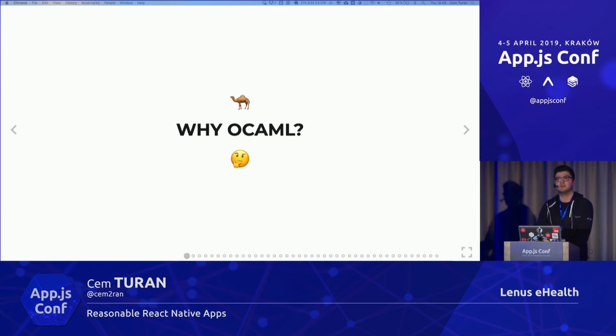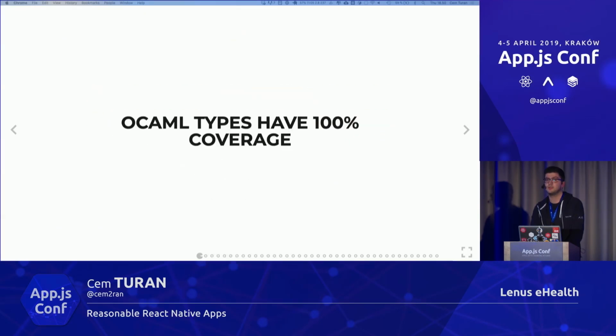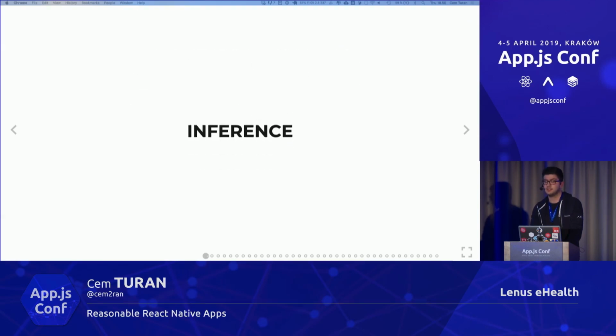And you might be asking yourself, why did they pick OCaml? It is a fairly old language. And one really good reason is that it has a rock-solid type system. So OCaml types at all times have 100% coverage. And this is even though you don't explicitly write annotations everywhere.